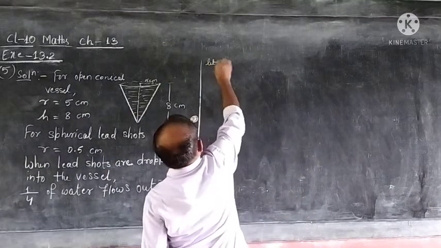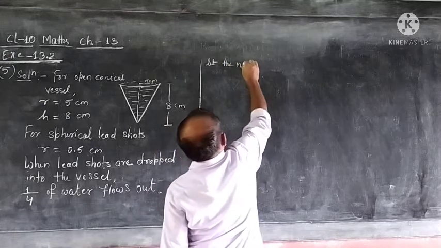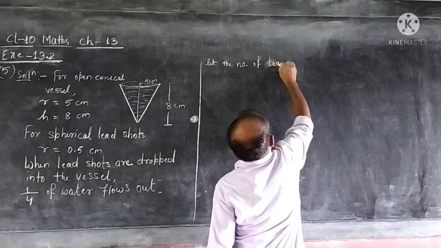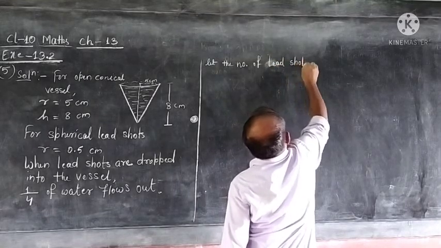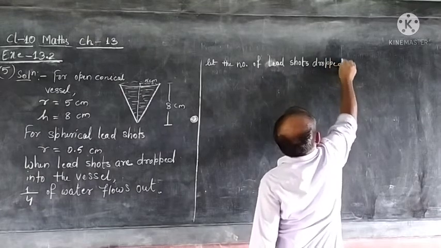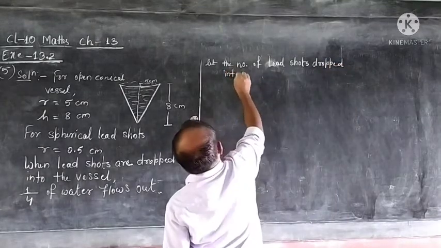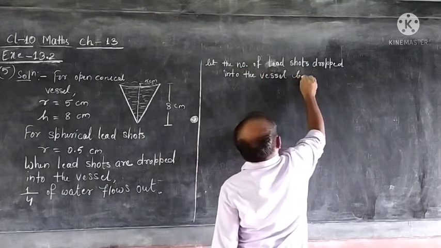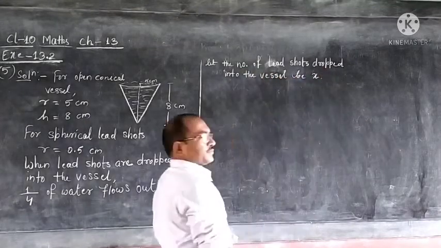So, let the number of lead shots dropped into the vessel be x.